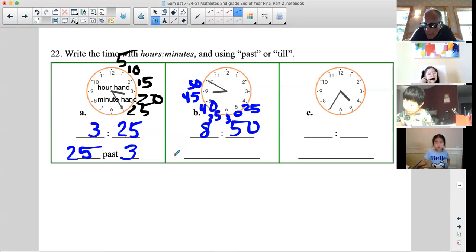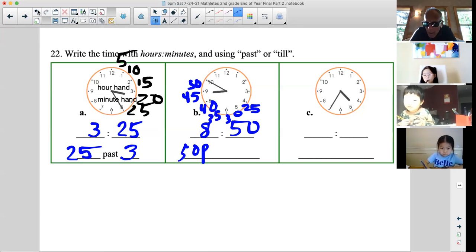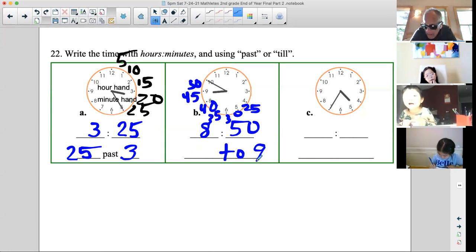That's all we need. It's 50 past 8. Or can we say it's what to 9? How many minutes until 9 o'clock? Yes, it is 10 minutes. It is 10 to 9. 10 minutes to 9 o'clock.